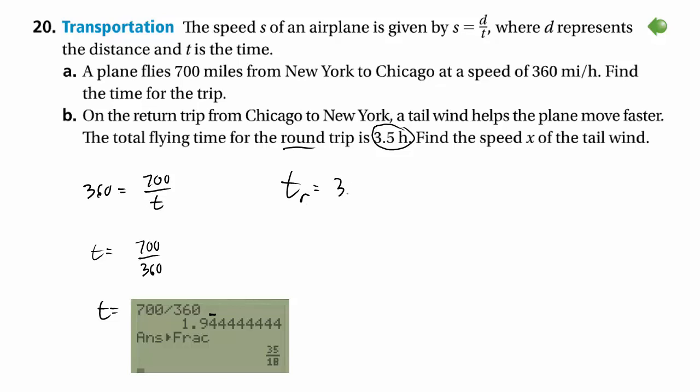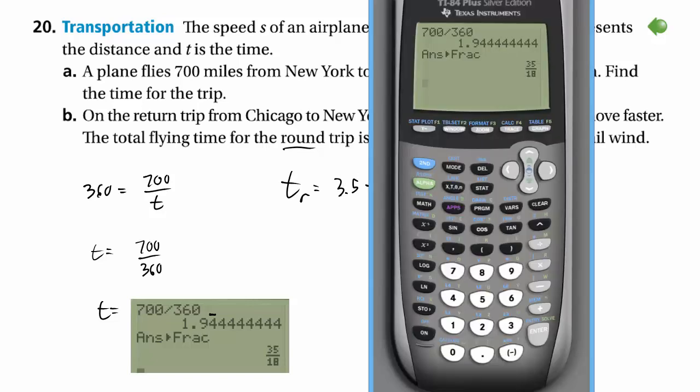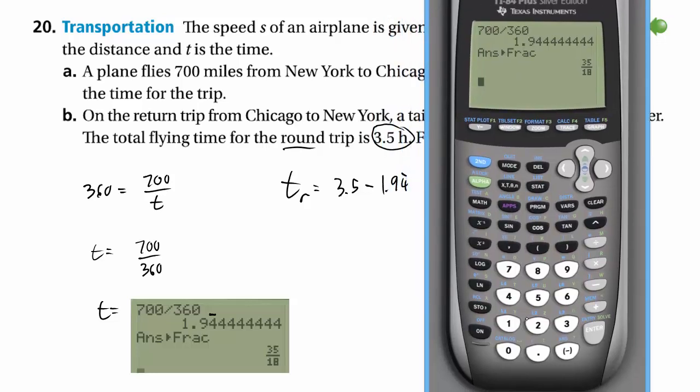It's going to be the time of the round trip minus the time of the going there trip, which is 1.94 repeating. But this is too hard for me to enter into my calculator. Instead, it's a lot more convenient for me to enter in this improper fraction. And so I get 1.5 repeating.